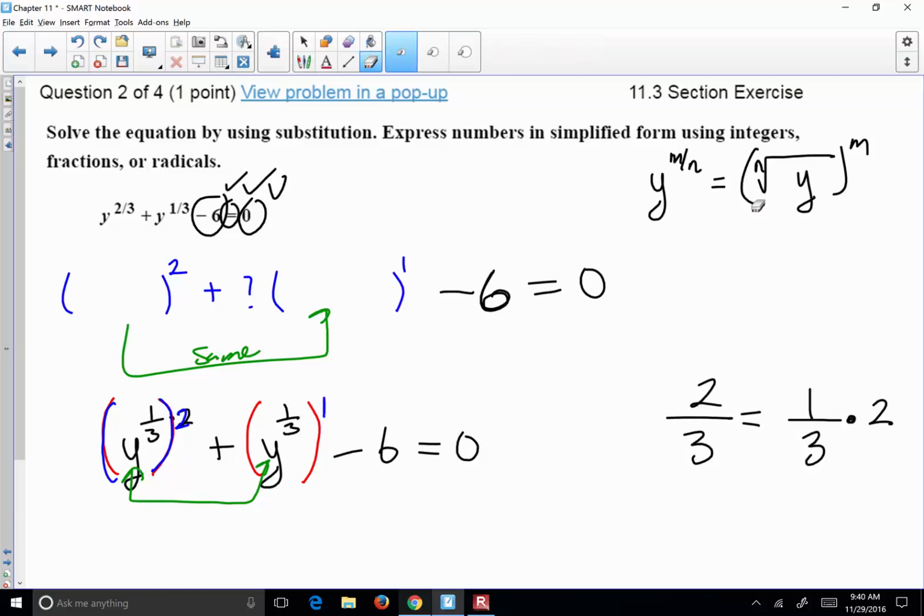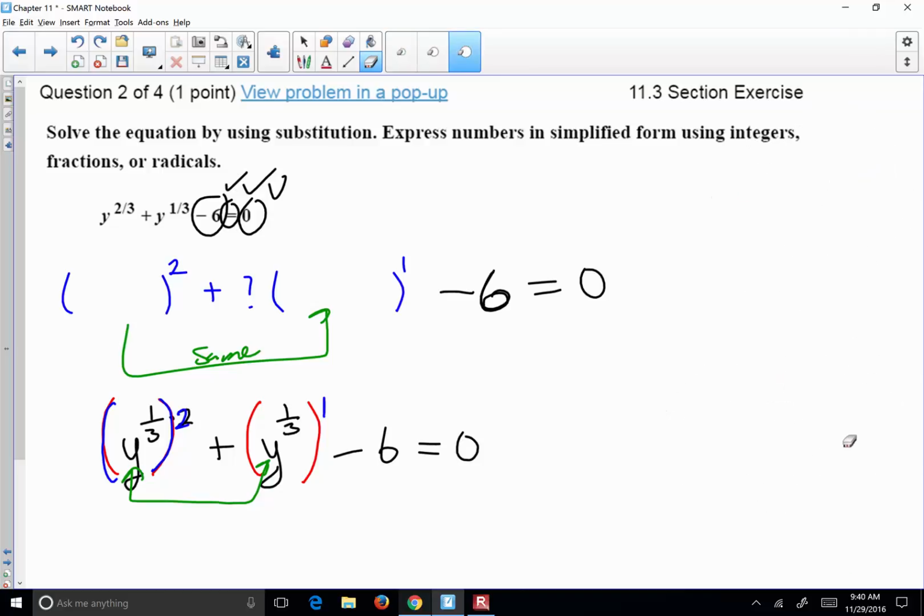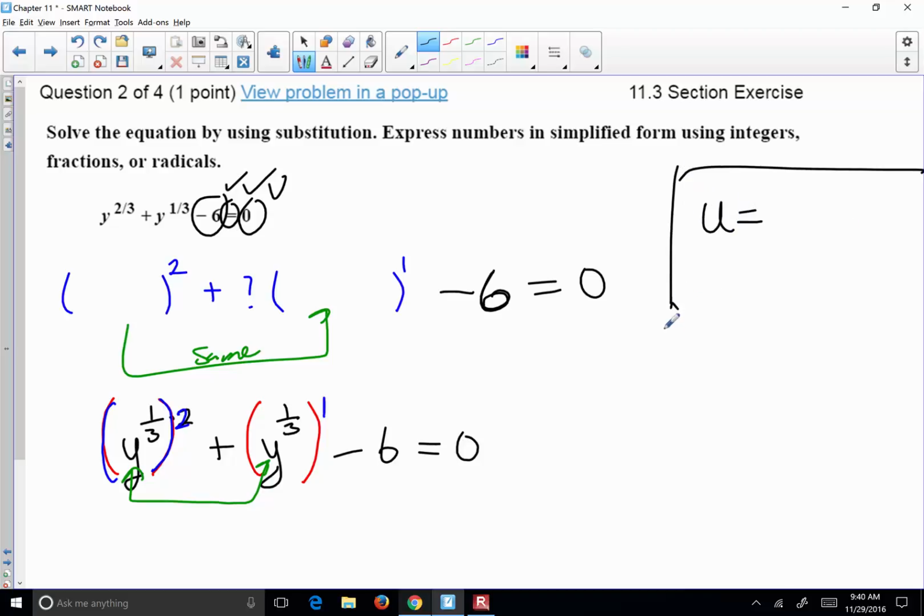Okay. Let's do the recording now. It's time to substitute. What do we substitute? You call something u and record it here. What do you need to call u so that this turns into a quadratic equation? What is u? Basically everything under this parentheses is your u, y to the 1/3.